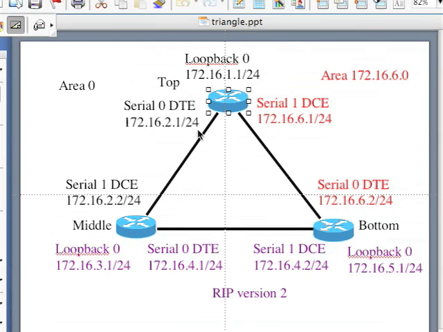The top router is in 2 areas, so it is an area border router, or ABR, and it's in area 0, and it's in area 172.16.6.0. And the top router and the bottom router are speaking OSPF in area 172.16.6.0. Keep in mind, however, the bottom router is not redistributing from RIP into OSPF.